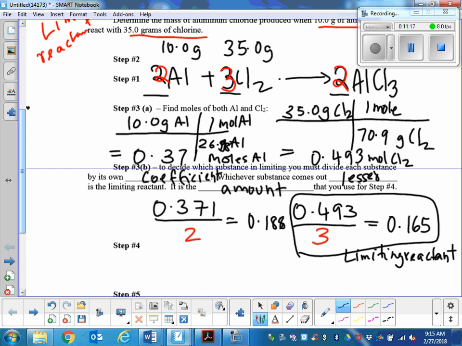Okay, so now, did my number of bread slices decide the number of sandwiches I can make? Yes or no? So the limiting reactant will decide the amount of product I can make. If I ask you how much aluminum chloride will I make, can you start with 10 grams of aluminum?